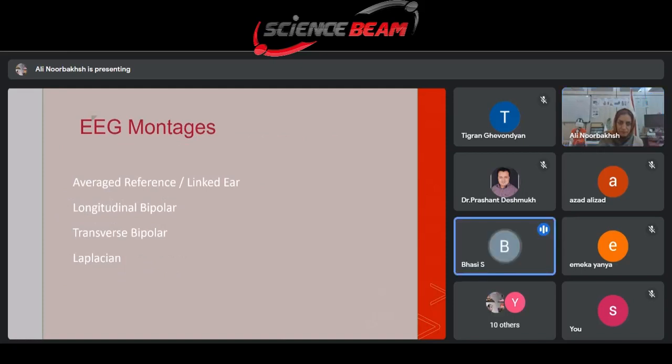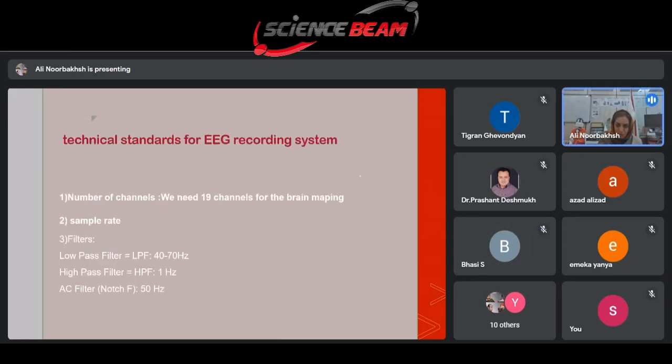The frequency of the high pass filter? High frequency means high pass filter. Yes, we can set the filter for EEG or EMG.